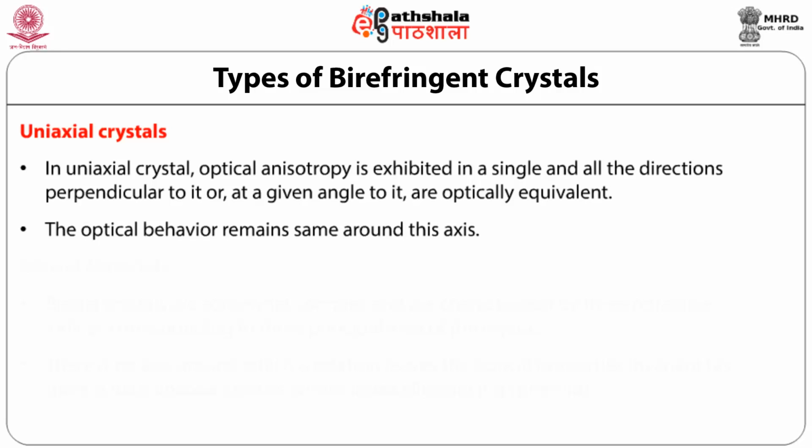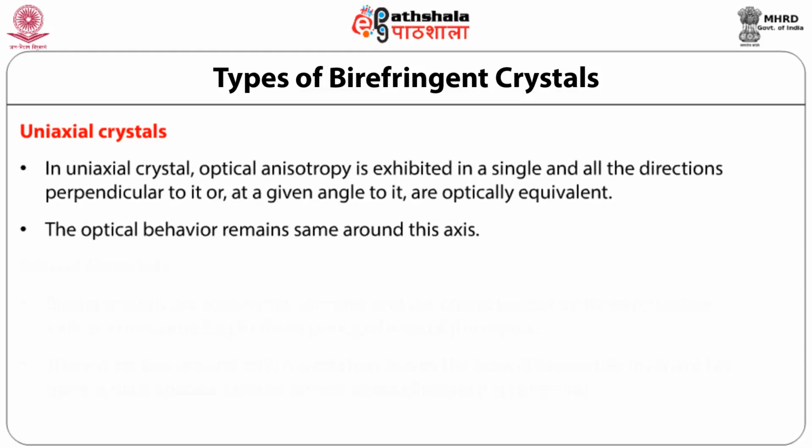The ordinary ray will always experience a refractive index of n0, whereas the refractive index of the extraordinary ray could be between n0 and ne, depending on the ray direction as described by the index ellipsoid. The magnitude of the difference, delta n equal to ne minus n0, is quantified by the birefringence.